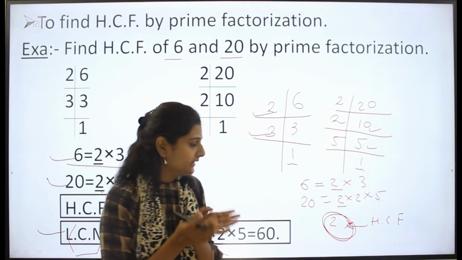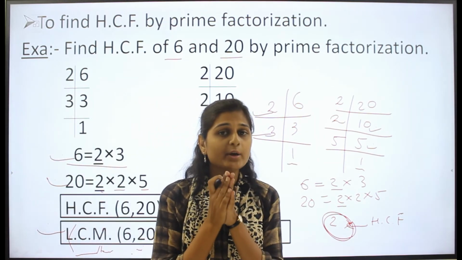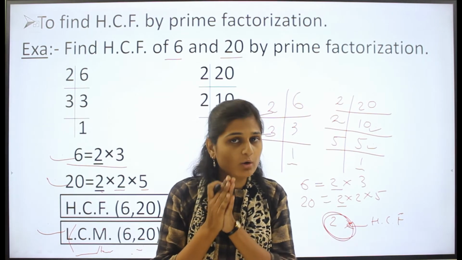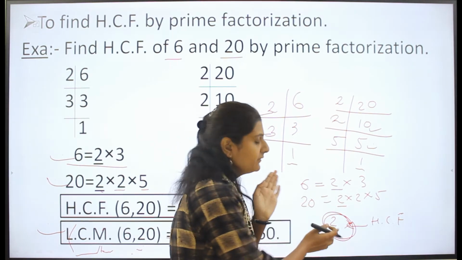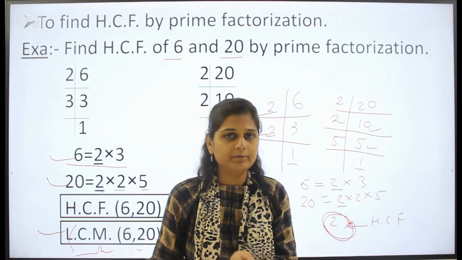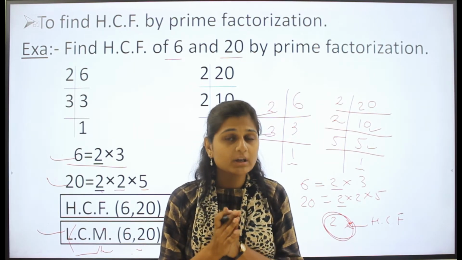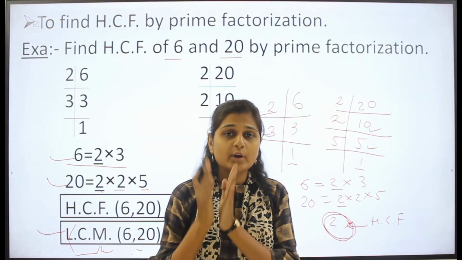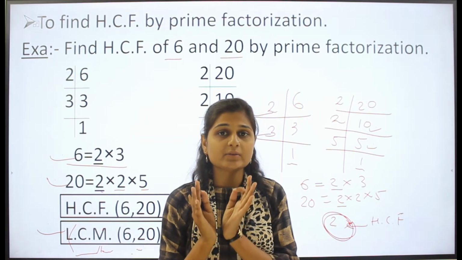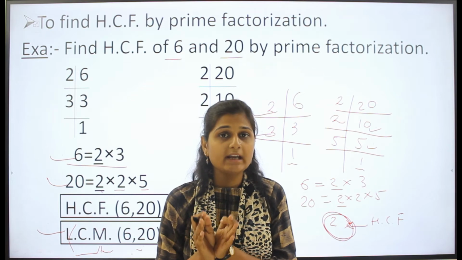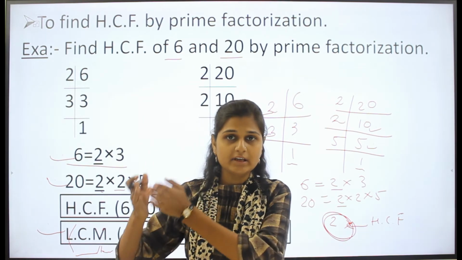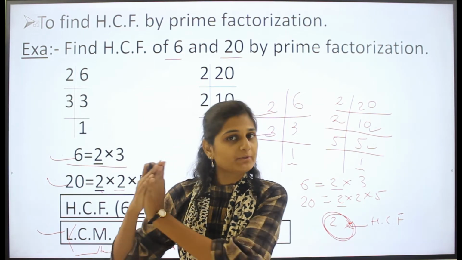Okay, here after taking out the common value we are left with only one value, so that will be our HCF. But what if you have 2 or 3 common values? Then you have to take the highest value, as you can see, highest common factor.